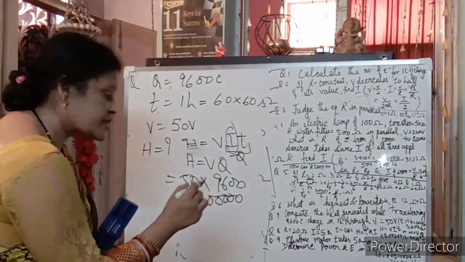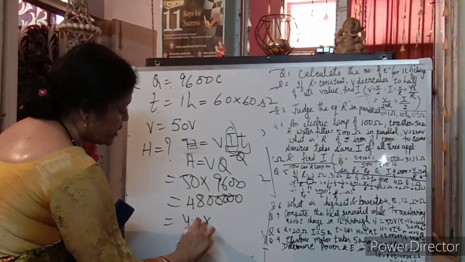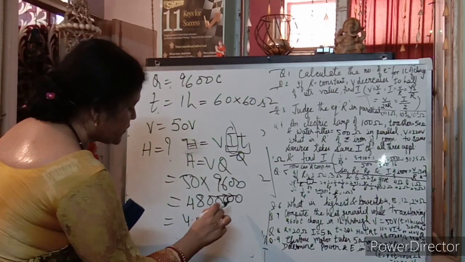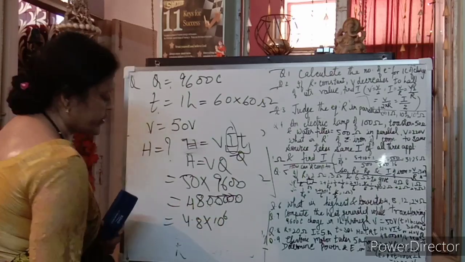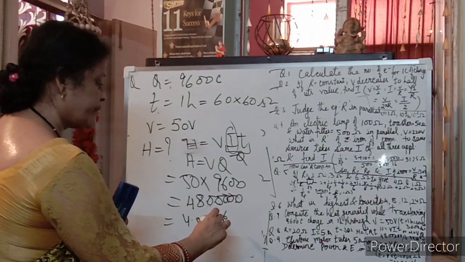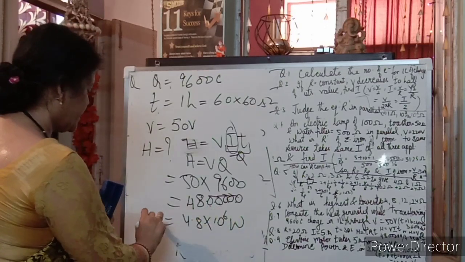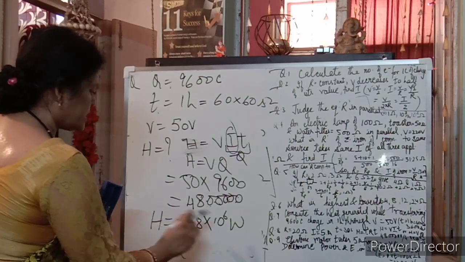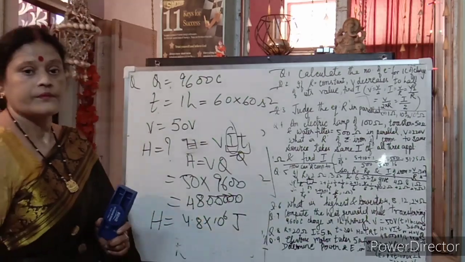So we have to simplify this. Then we will write 4.8 into 10 to the power 6. We are finding heat. Heat is in joule. Clear?